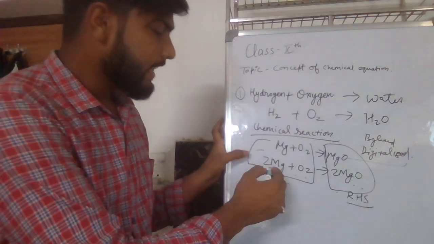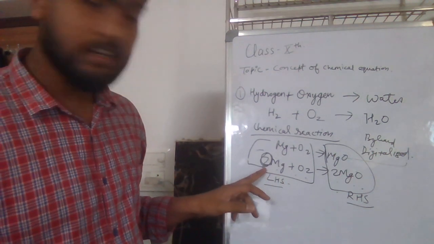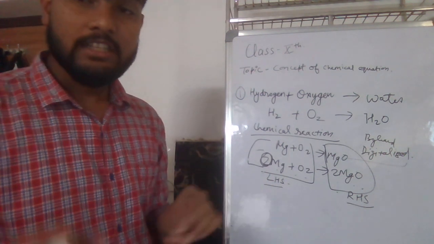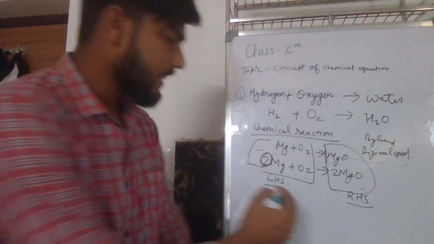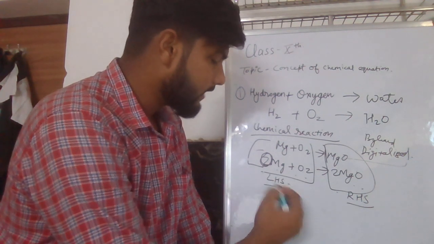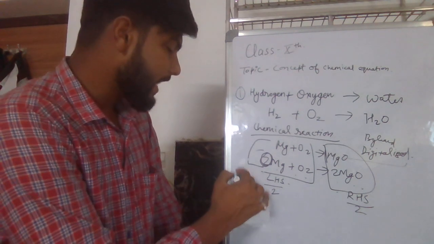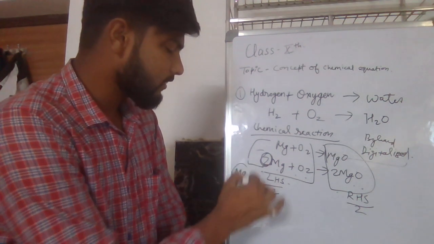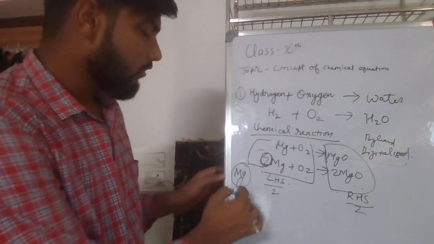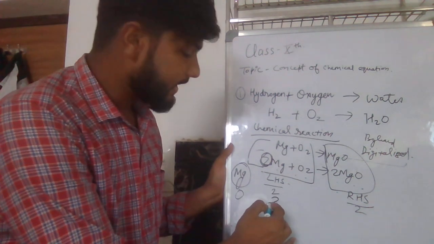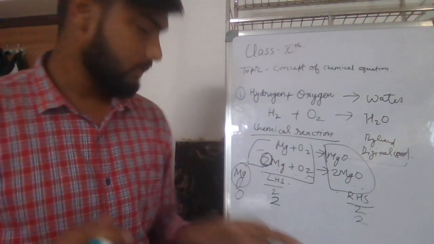In Mg, the number on the left hand side is 2, and on the right hand side it is also 2. In O, the left hand side has 2, and the right hand side also has 2.